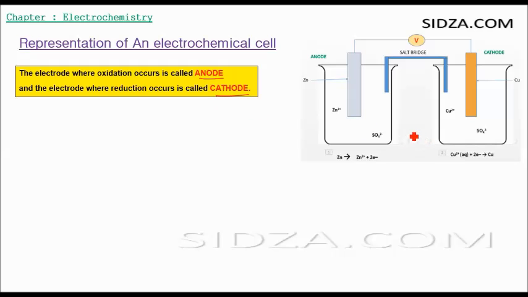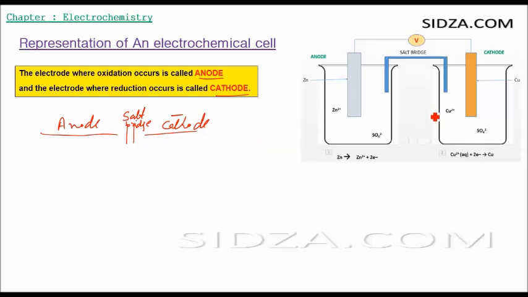When we represent a particular galvanic cell, we write down vertical lines which represent the salt bridge, and to the left side of the salt bridge we write down the anode, and to the right side we write down the cathode, okay?